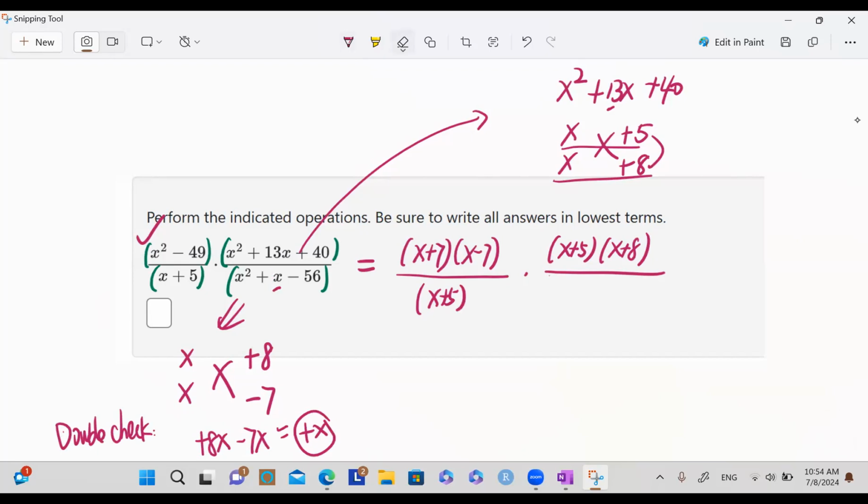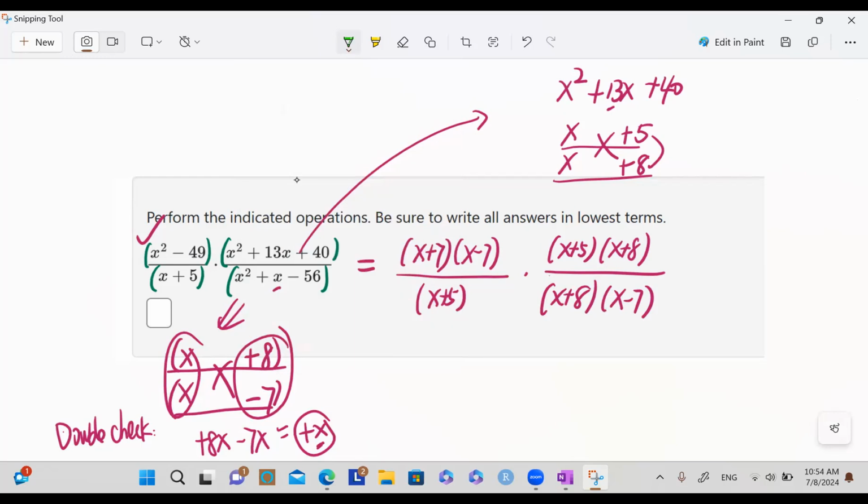That's how we take care of these three terms: first term, last term, and middle term. Then we put it in parentheses, x plus 8 and x minus 7.